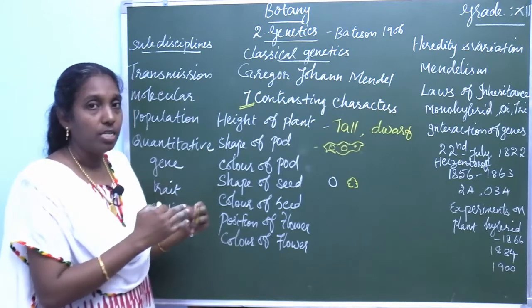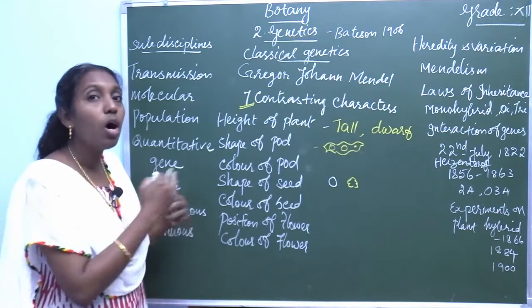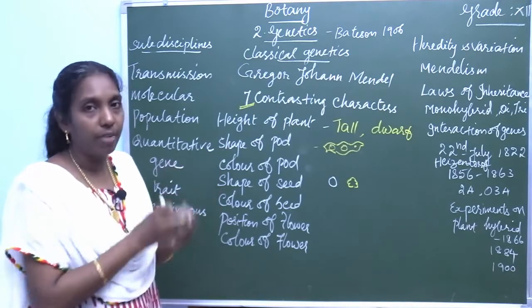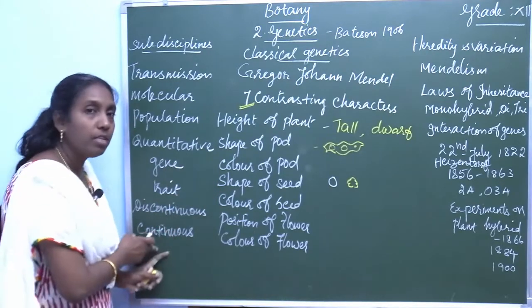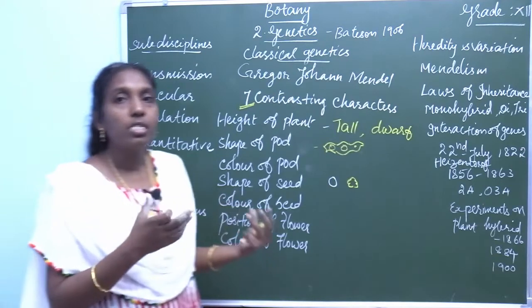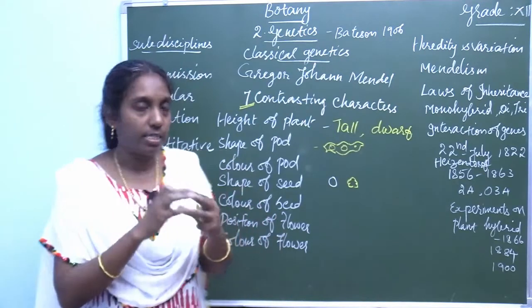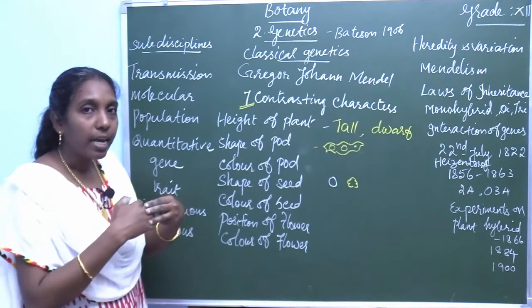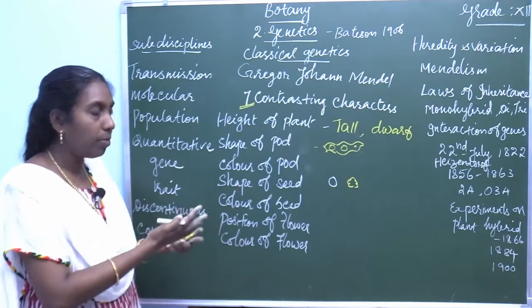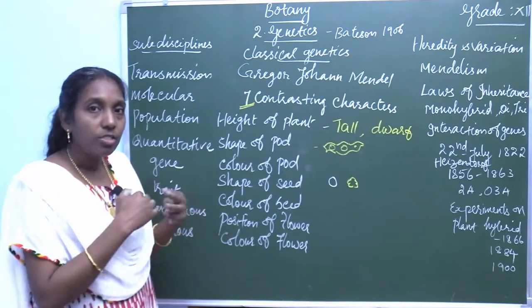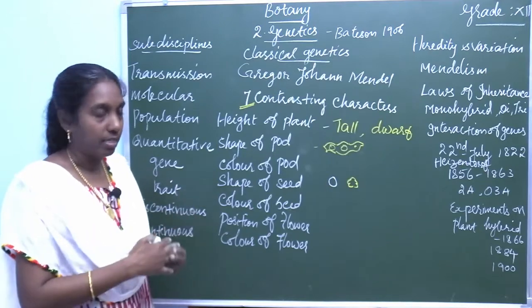Discontinuous variation is otherwise called qualitative variation because it shows limited variation. But continuous variations are called quantitative variation because of the action of polygenes. Continuous variation interacts with environmental changes as well as genetic changes within the traits or characters.